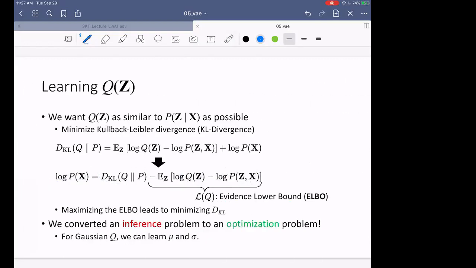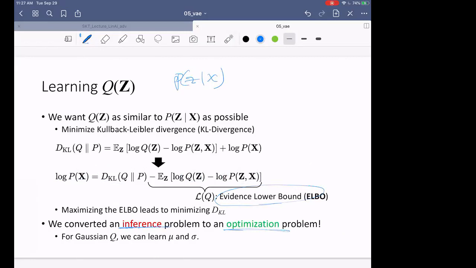So what we did is convert an inference problem, because we wanted to infer P(z|x). We wanted to sample z, or learn the distribution of P(z|x). And we turned that inference problem into an optimization problem. Why is it an optimization problem? Because we have a term that we want to maximize.